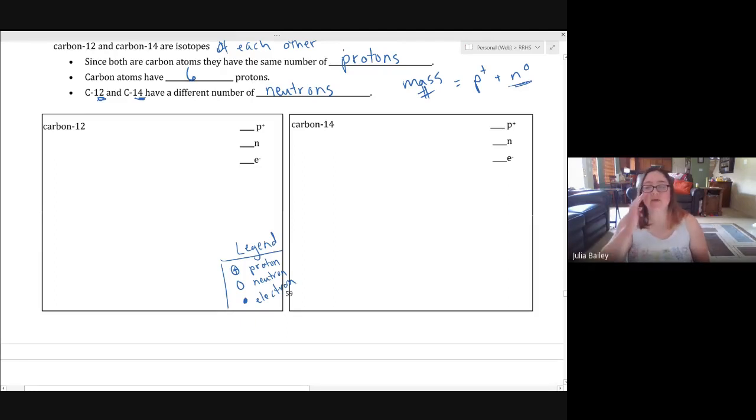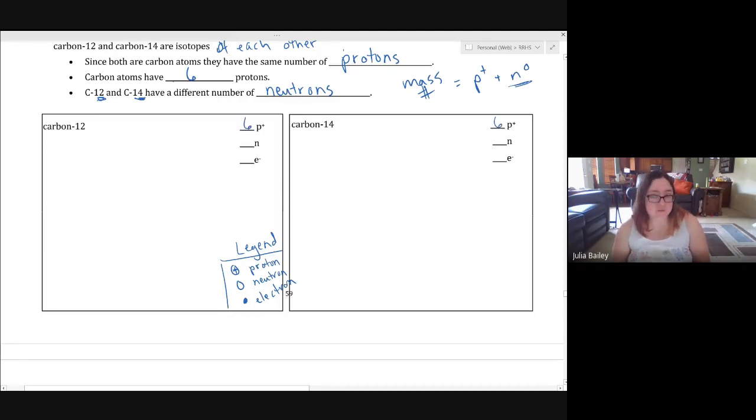Okay, we also need to figure out how many protons, neutrons, and electrons we have. For protons, they're both carbon. All carbon atoms have 6 protons, so I'm going to write 6 protons on both of these.